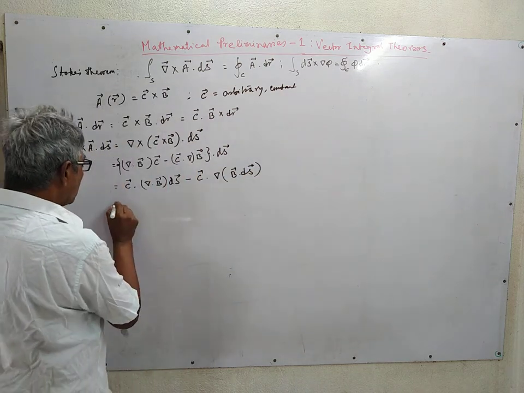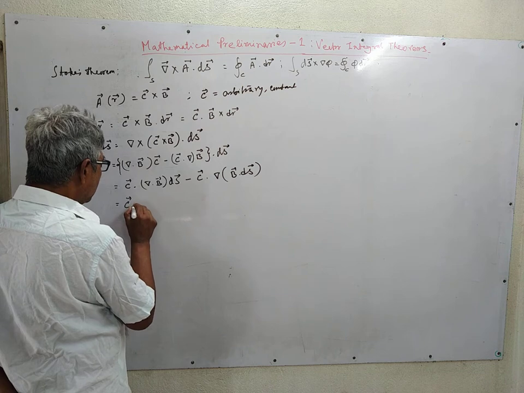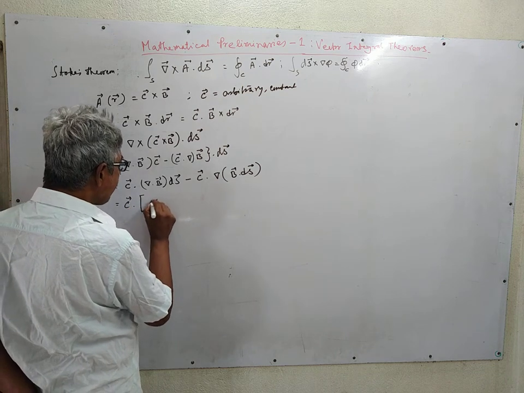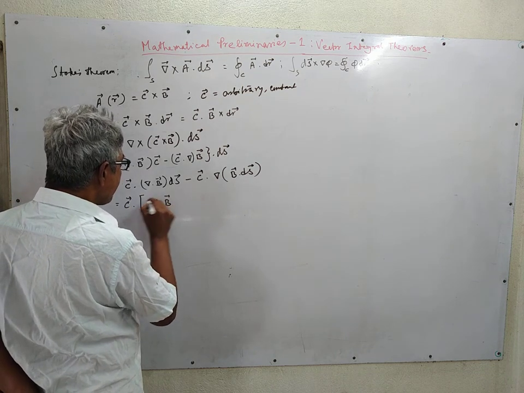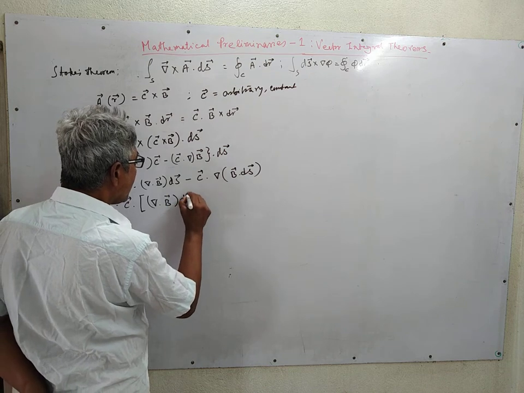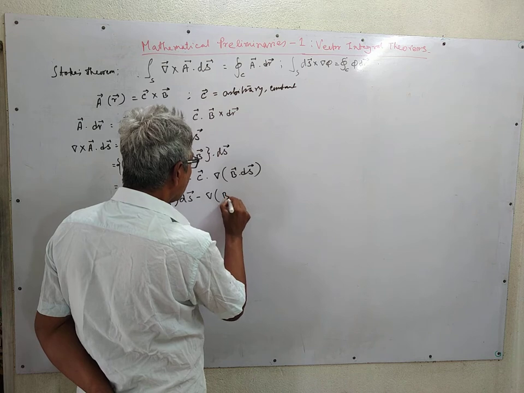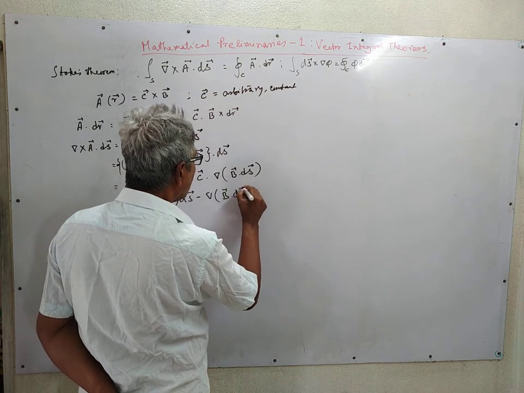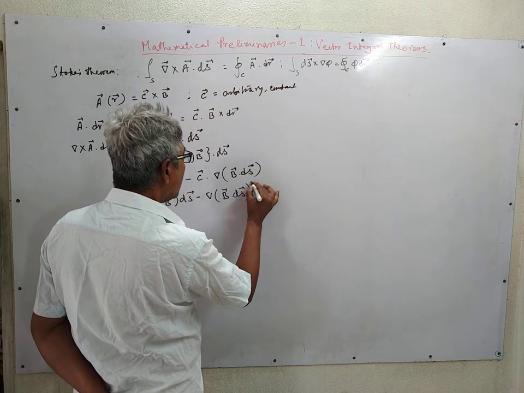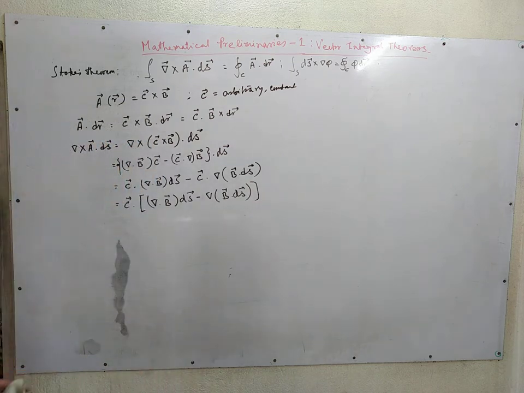Taking C dot common, we can now use the reverse back-cab rule.